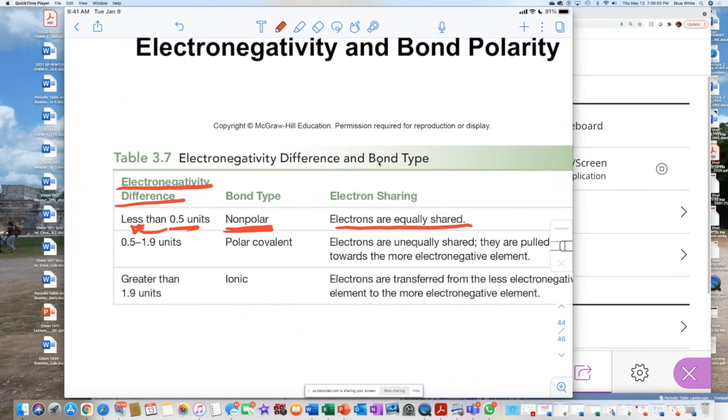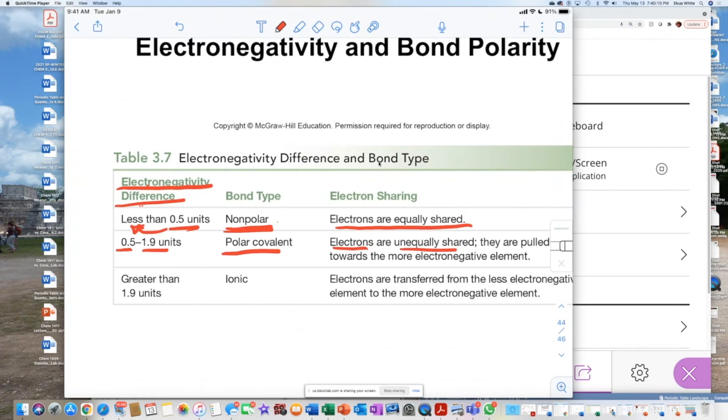If you have a difference in electronegativity of 0.5 to 1.9, that bond is judged as polar. Remember, polar means different. You literally selected two elements with different abilities, so when they bond, they will not bond the same way as the ones that are nonpolar.